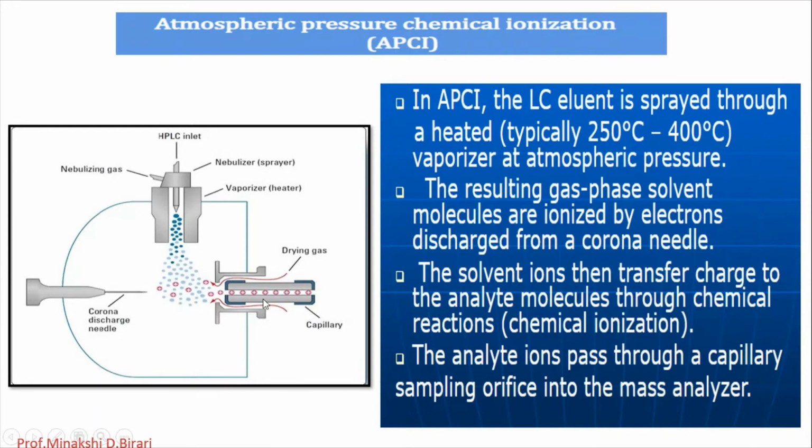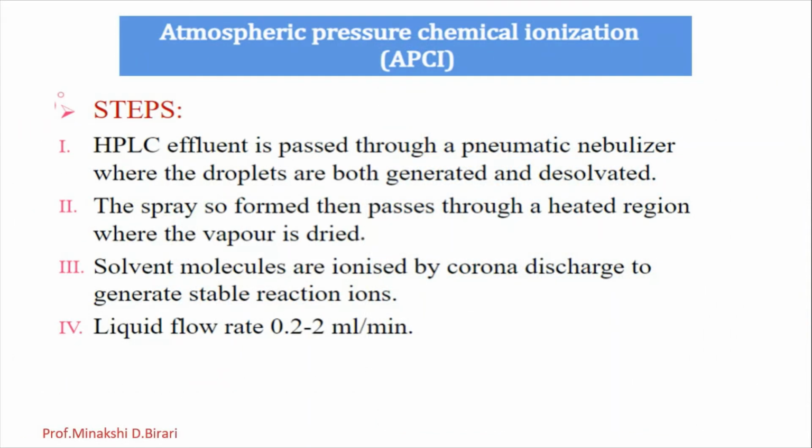Let us see the methodology present in atmospheric pressure chemical ionization. These are a few steps involved. First, the HPLC eluent is passed through a pneumatic nebulizer where the droplets are both generated and desolvated.